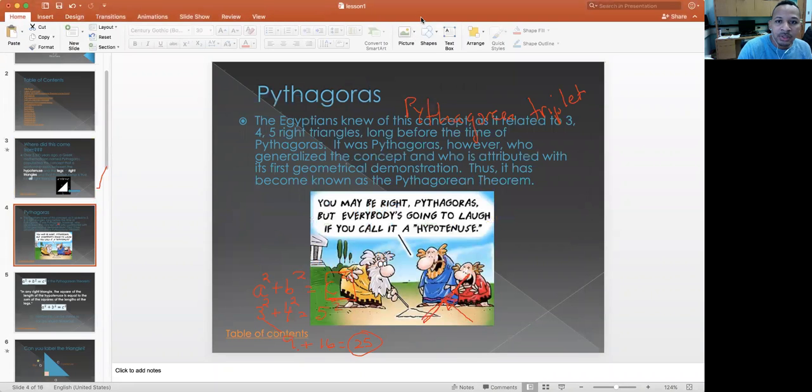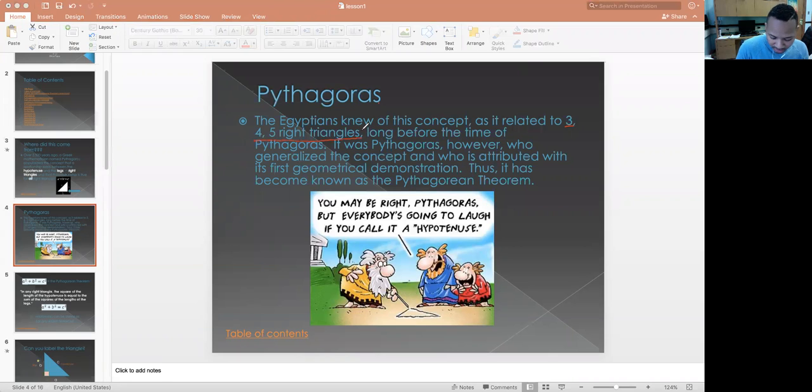So, prior to Pythagoras, the Egyptians had sort of been the first ones to pilot this, or to really have an understanding of how the sides are related in a right triangle. They related it to the 3, 4, 5 triangle, and that was way before Pythagoras.